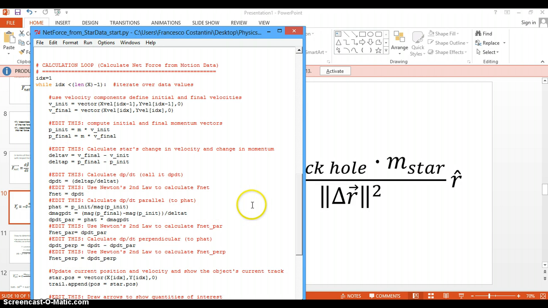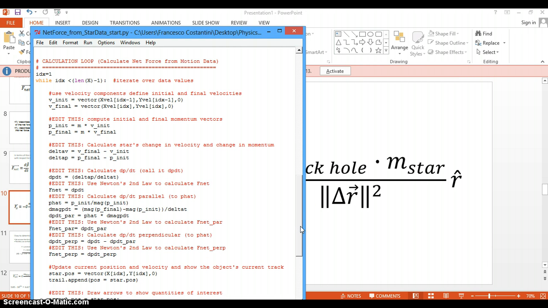Then to calculate dp/dt parallel, it will be necessary to calculate the product between the rate of change of the magnitude of the momentum with respect to time times p hat. We calculate p hat as the ratio between the initial momentum and the magnitude of the same initial momentum, and d mag p/dt as the difference between the magnitudes of the final and initial momentum divided by time.